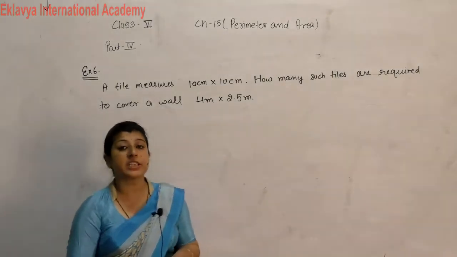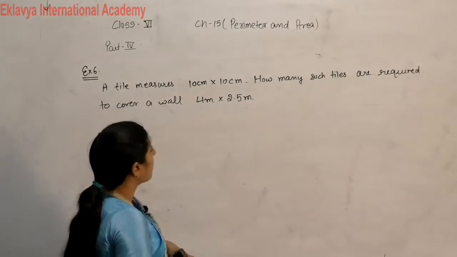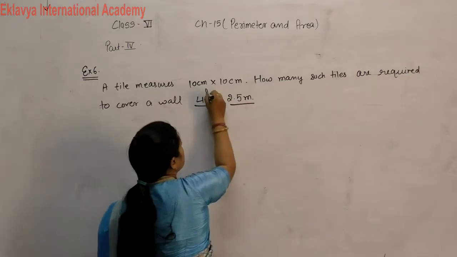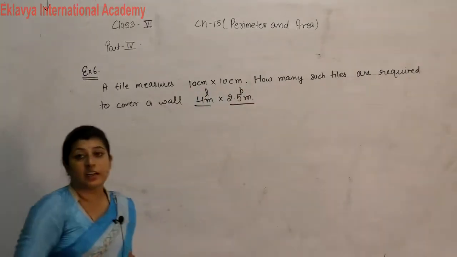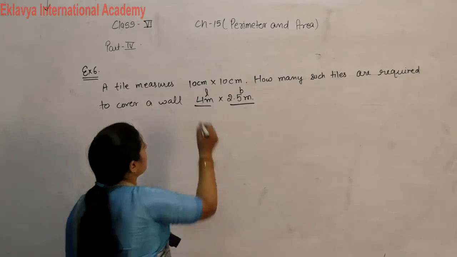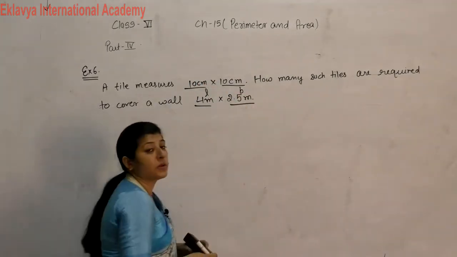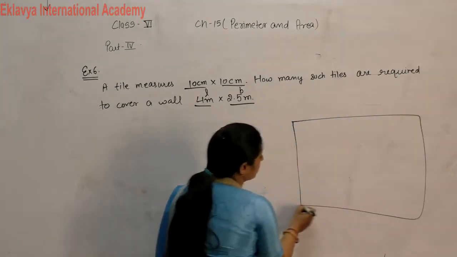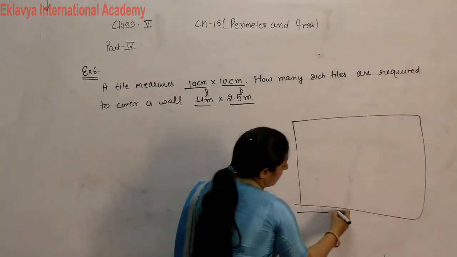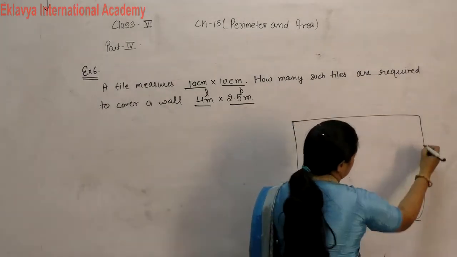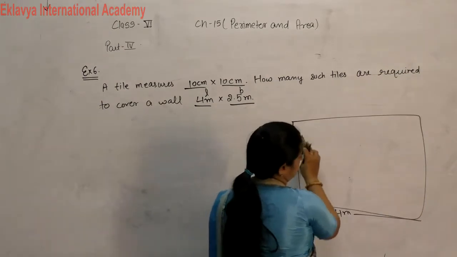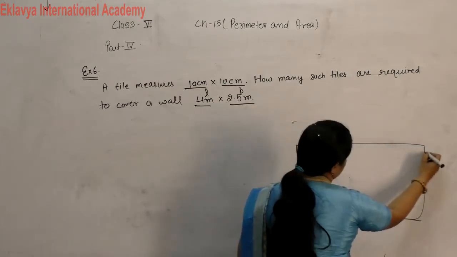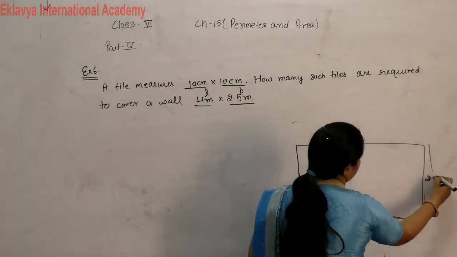This type of dimension given to you means your wall is in the shape of a rectangle, so we can say this is length and this one is breadth, and your tile is in the shape of a square. So what is the meaning of this question? Suppose this is a wall of 4 meter and this one is 2.5 meter.